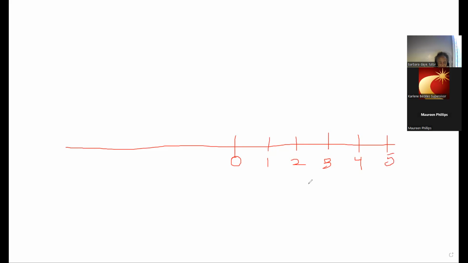And on the left side, they're negative. So -1, -2, -3, -4, and -5.